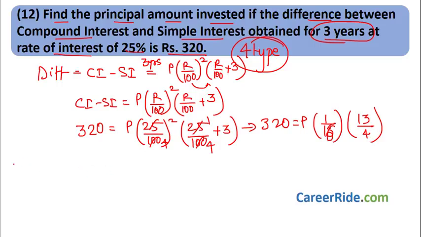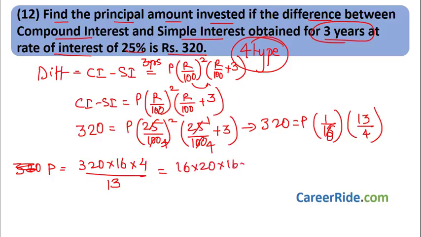On solving, what we get? 320, we will take P over here directly: 320 multiplied by 16 multiplied by 4 divided by 13. Now this looks difficult to calculate, but there is an easy way of simplification. We know 320 is 16 into 20, so 16 into 20 into 16 into 4 upon 13. 16 square we know is 256, and 4 2s are 8.